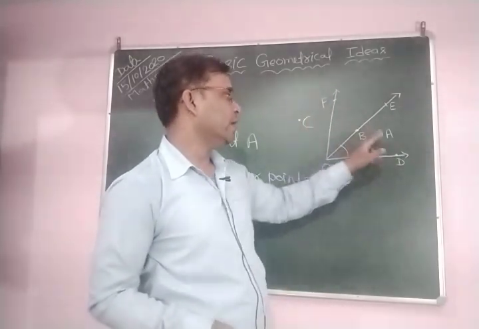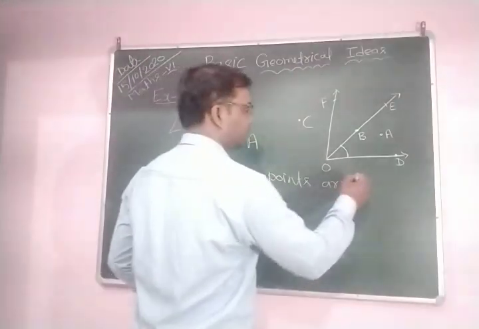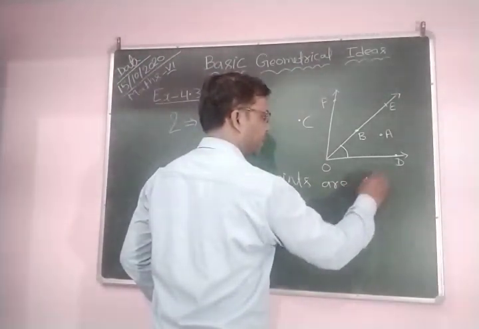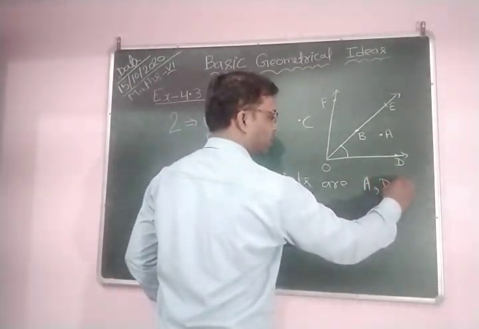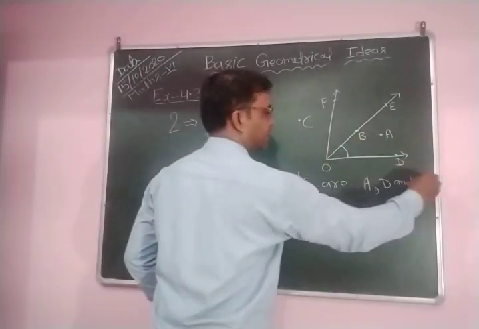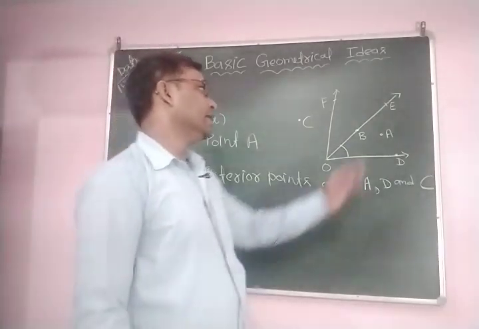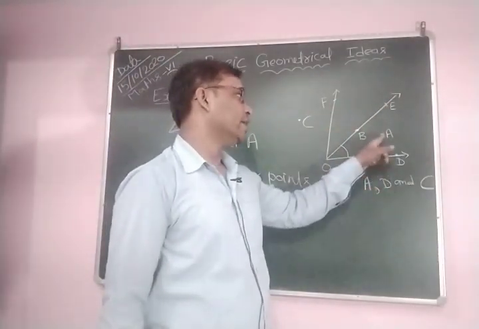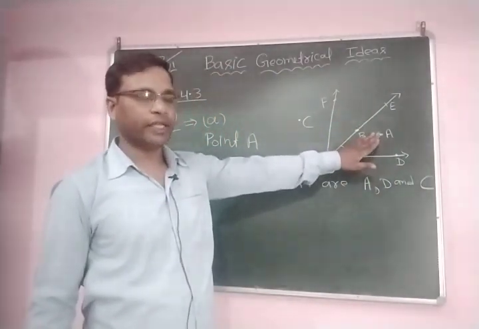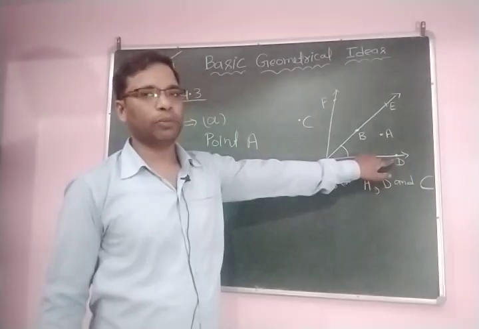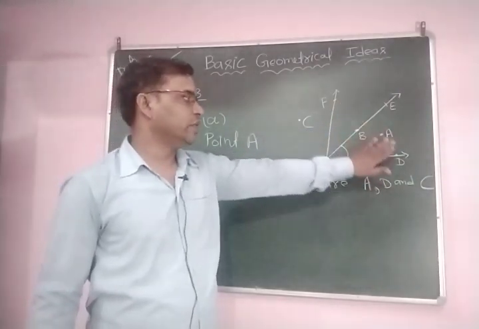Only point C, point A, and point D are exterior points. So the exterior points of angle EOF are point A, point C, and point D. We are talking about this angle, not this angle. About the other angle there is a boundary point, but about this angle there are exterior points.